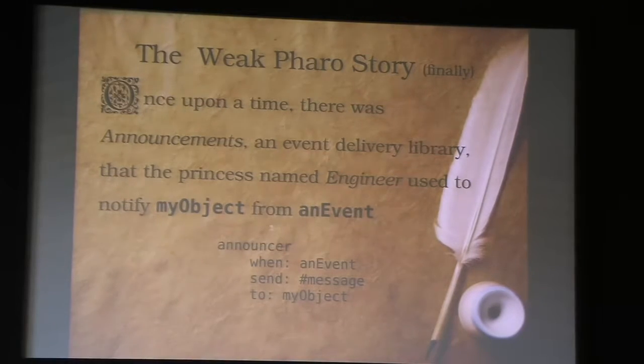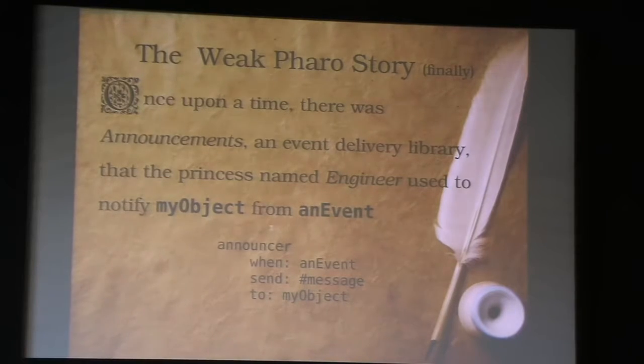You have an announcer that is going to notify some events to some guys that are registered to it. So then you can implement an observer mechanism using that. We have announcements in Pharo. They're also in VisualWorks, if I am not mistaken. So it's an event delivery library.